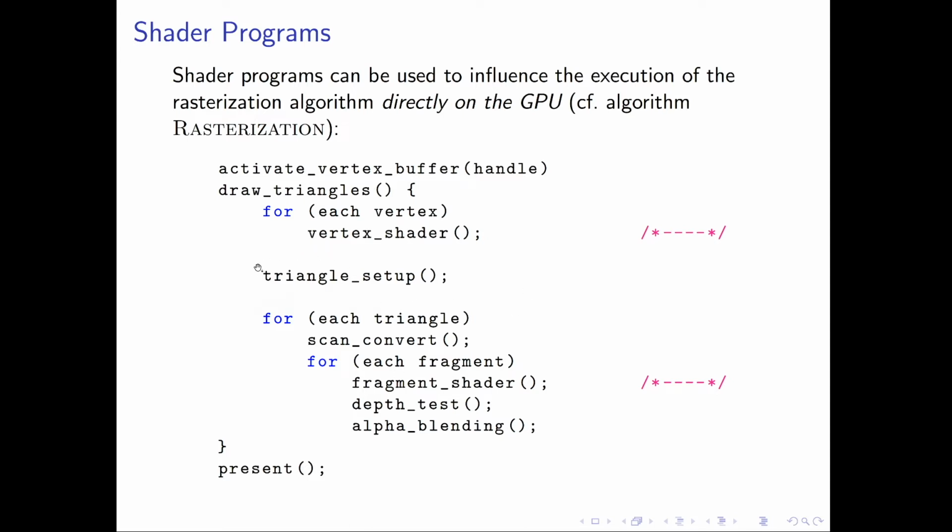Then we have what I call primitive assembly, where triangles are set up and converted to edge equations, and those edge equations are passed to the raster engines, which compute scan conversion and use the Pineda algorithm for that. The output from scan conversion are fragments. Then we have a parallel loop over all the fragments that will execute the fragment shader. So this is our next most important entry point for our shader programs.